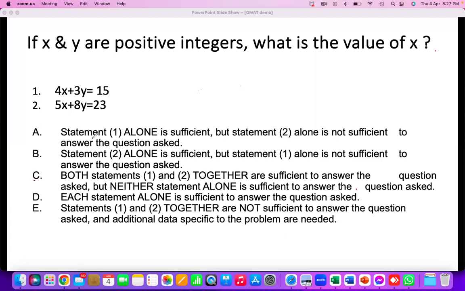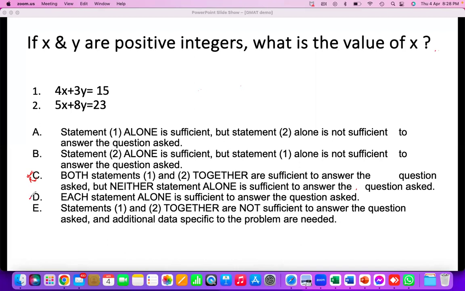E. C. Okay. Yes, C is correct, because if you solve the question, both are getting the answer. No, D is the correct one. D. Yes. Why?